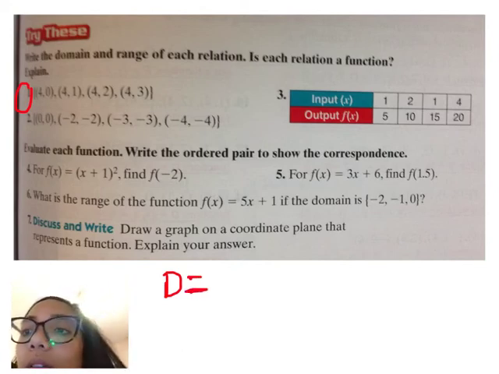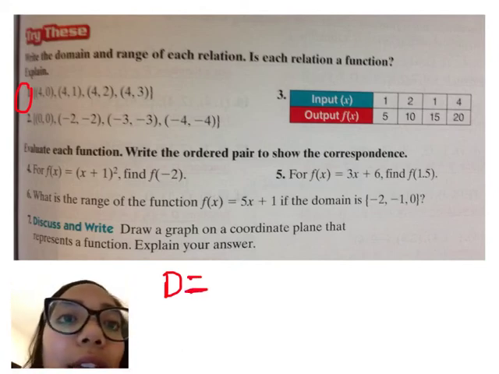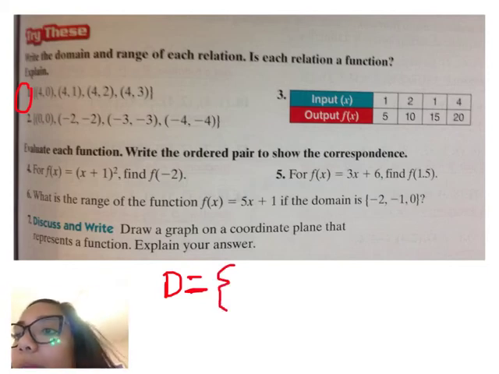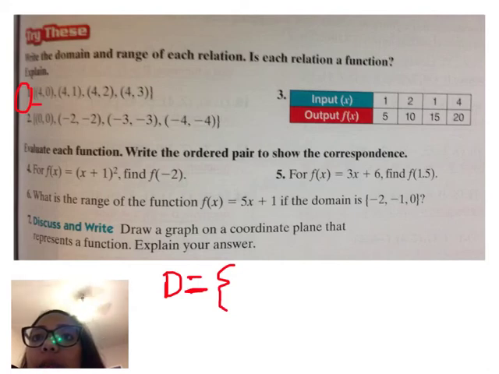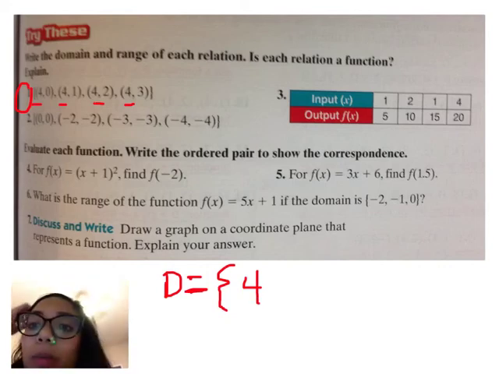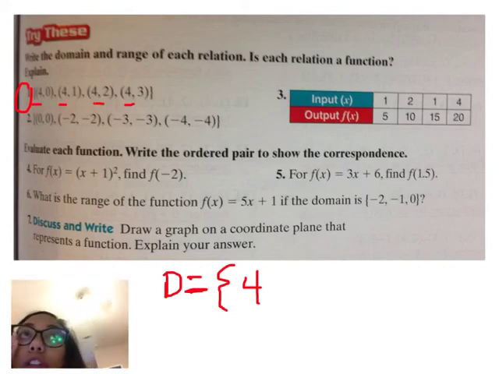Domain equals, in parentheses, if I look here, my domain is 4, 4, 4, 4, so I would put domain equals 4. If I had different numbers, like 4, 0, then 2, 1, then I would list those. So domain equals 4, and that's it.